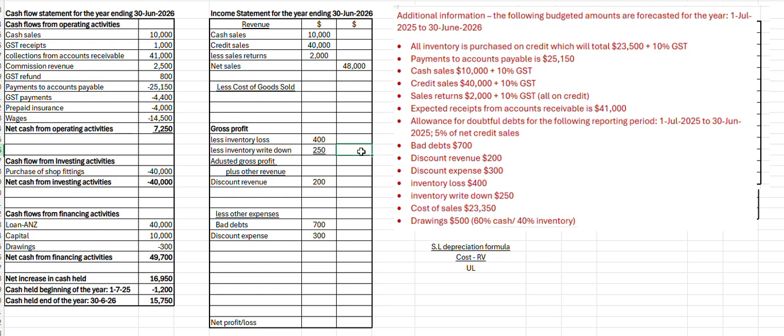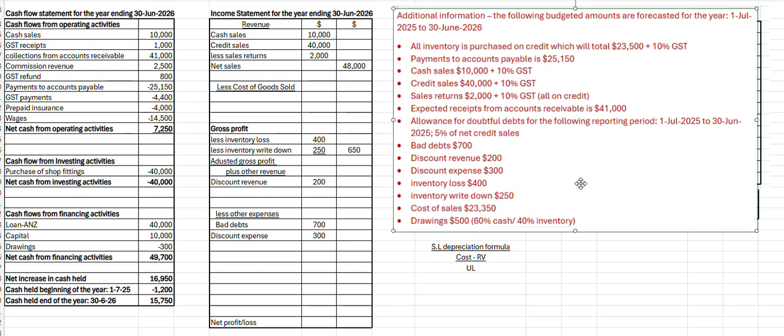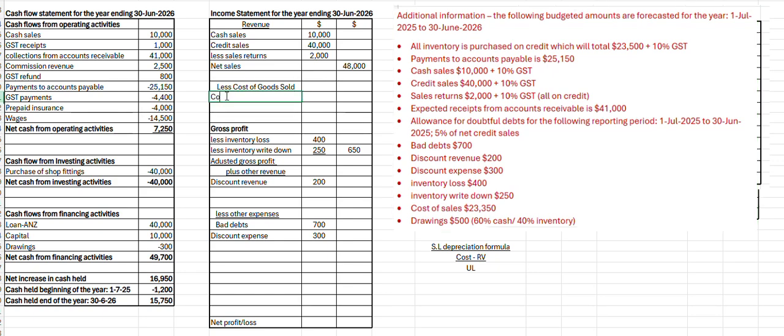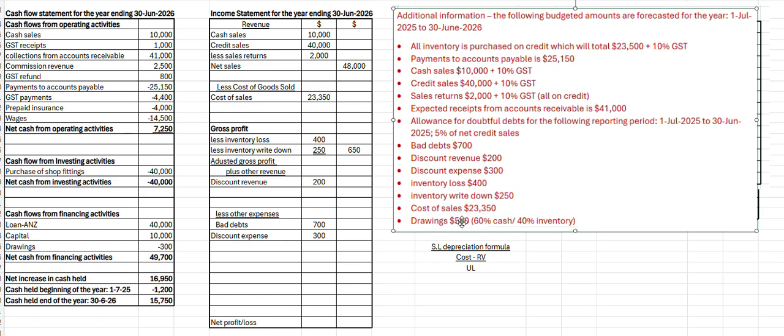So let's just do a little subtotal of 650 there. We'll subtract that later. Then we have our cost of sales. So that's our first entry in our COGS. So we've got 23,350. Drawings, due to the entity assumption, does not affect our income statement.